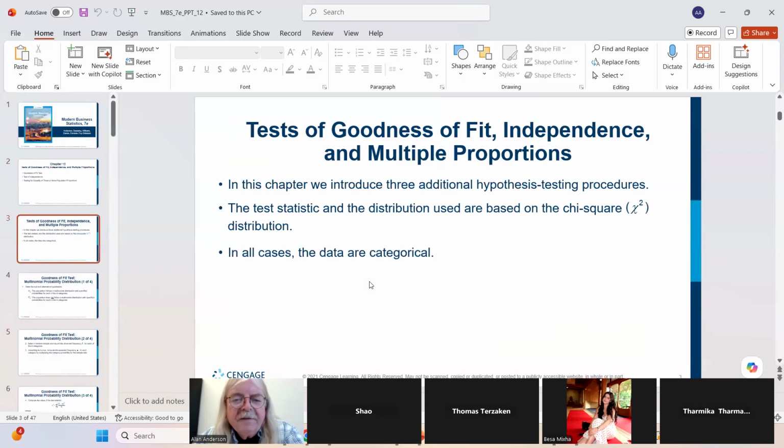All right, now goodness of fit. What is this all about? Well, up to this point, every time we ran a hypothesis test, we're trying to find out if, let's say, the population mean had a certain value or the population proportion. This is a very different type of setting.